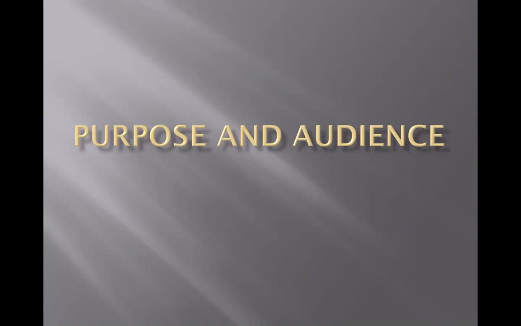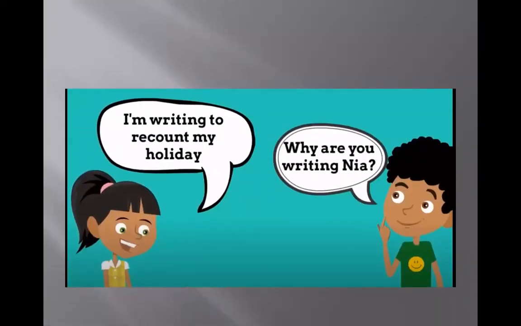Now if your audience is doctors, then of course your purpose would not be to entertain them, because you are expected to write something based on their profession. So you see, when you know what the purpose is, it's easier to identify the audience and write accordingly. When you know who the audience is, then you can probably work out your purpose. So let's take a look at this now.